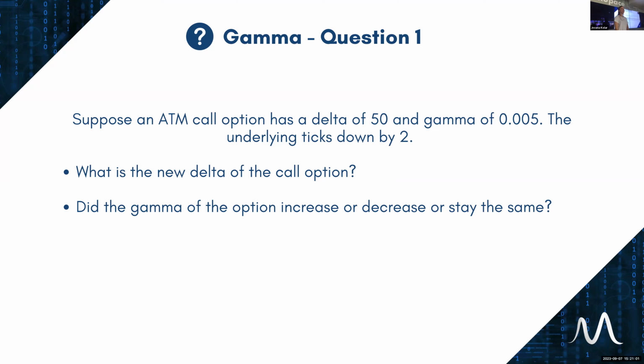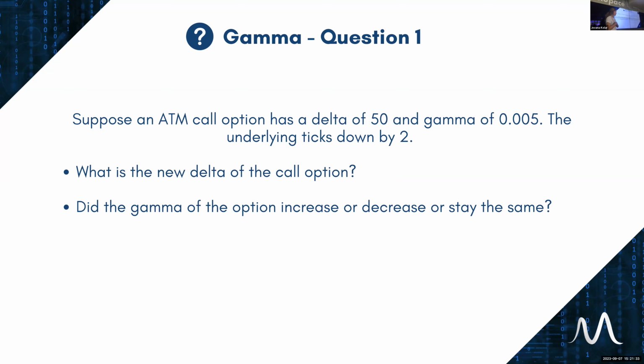Patrick. 49, yes. How did you get 49? So, yeah, exactly. Patrick just did 50, take away 2 times 0.005, you get 0.49. And the new delta would be 49.